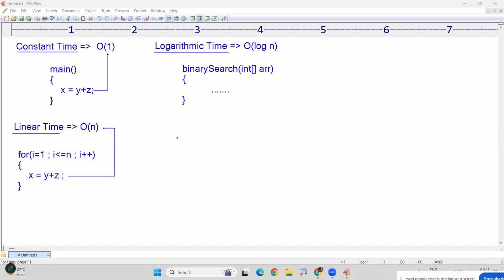Next, a loop inside a loop executing, we can call it quadratic time. Simply order of n square.